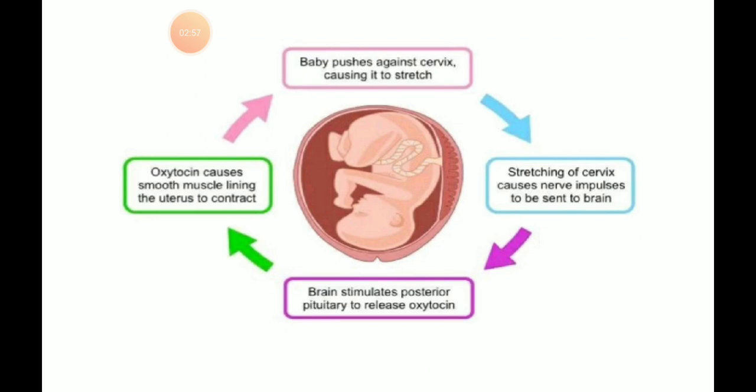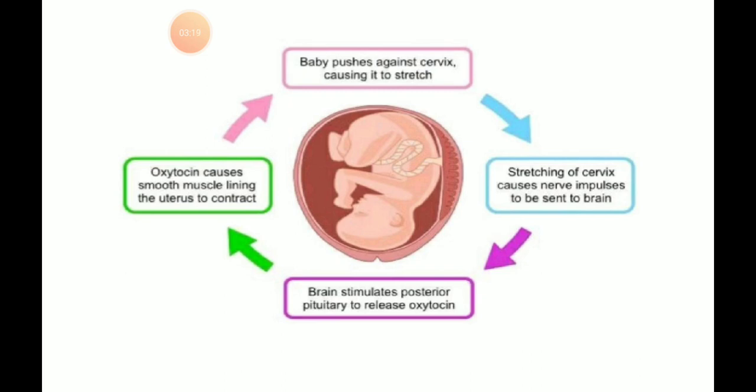Now, when oxytocin, which is basically a nonapeptide, is prescribed to a patient who is undergoing labor, you will see that in small doses given by IV infusion, it exerts a physiological action on the pregnant uterus.